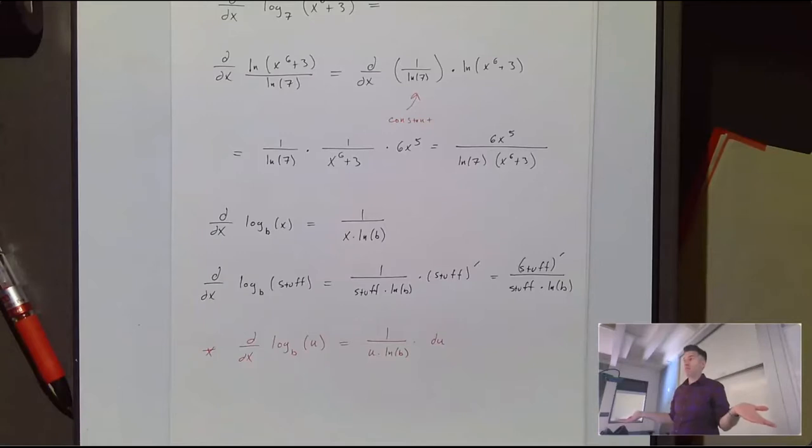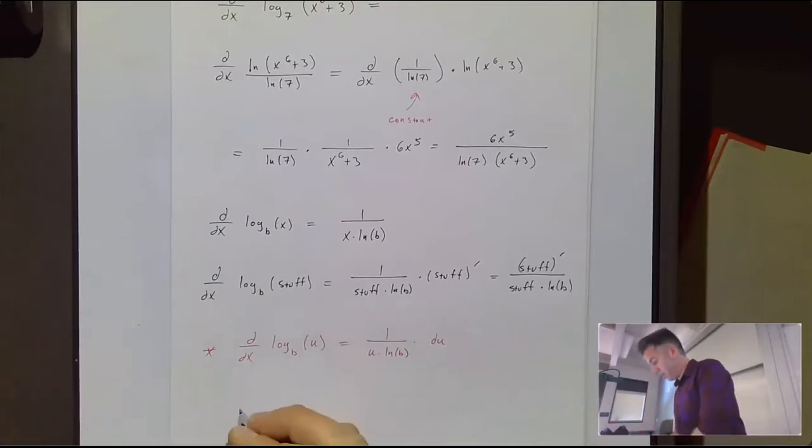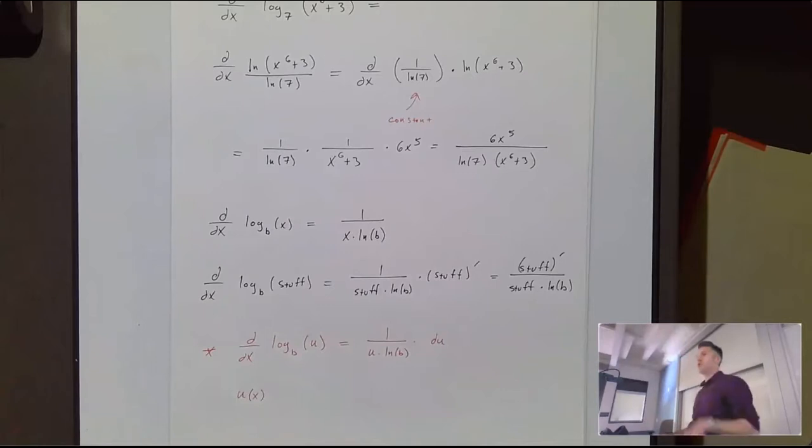But why couldn't you do the same thing for this one here? Well, the derivative of u would be 1 as well. No. So that's a really good question. The idea here is that we are making the assumption that u is, you said it best, some stuff. u is a function of x.